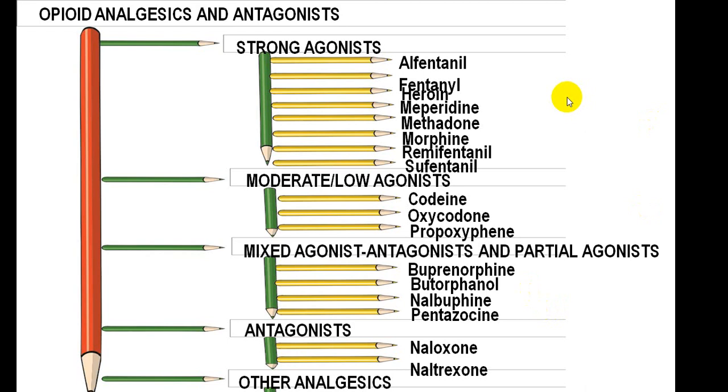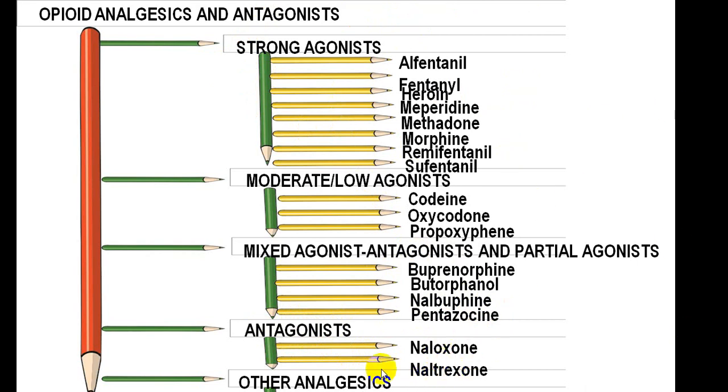So we have got strong analgesics like fentanyl, morphine, etc. These are called strong agonists. Moderate agonist is codeine, mixed agonist and partial antagonist is pentazocine, which is sometimes utilized, while a powerful antagonist, which is utilized for acute intoxication by these compounds, is naloxone.